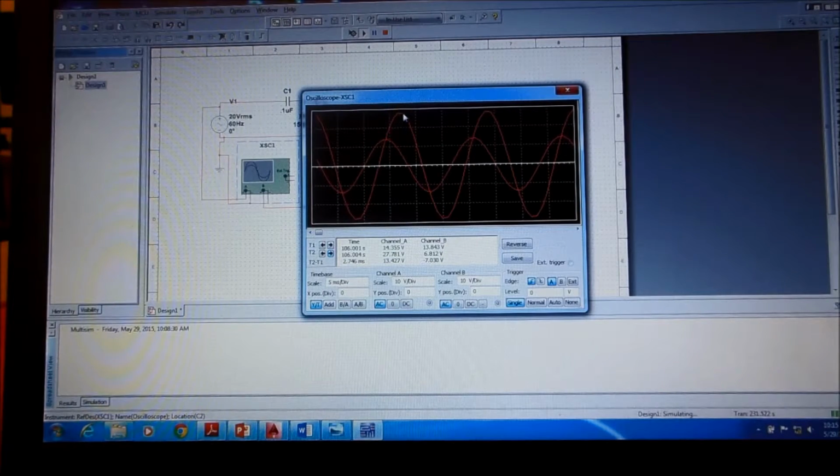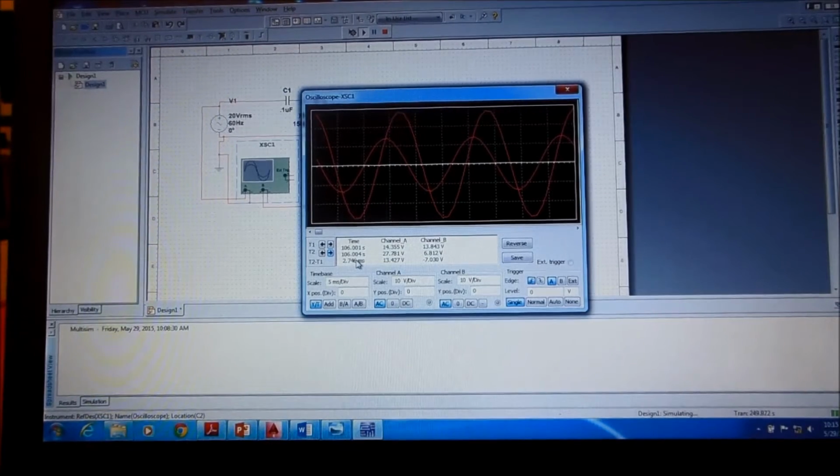That is about the peak of the beam on this one, and that's about the peak of the beam on this one. We say that the difference is 2.746 milliseconds, and the total period is again 16.667 milliseconds.